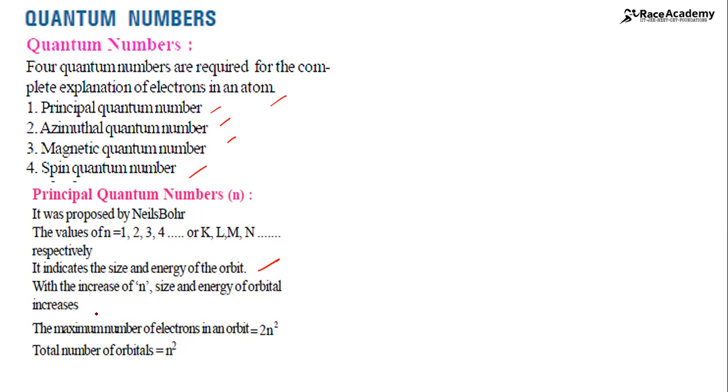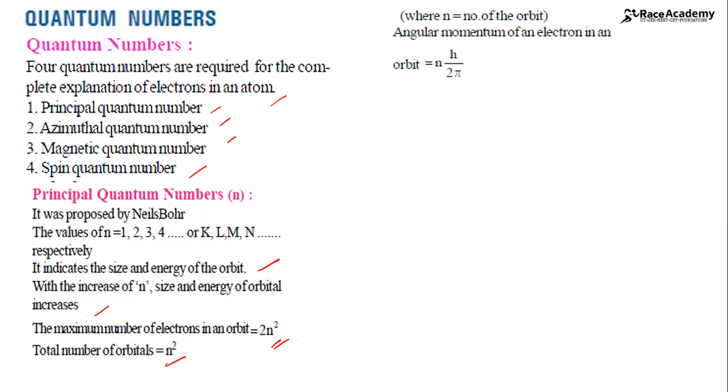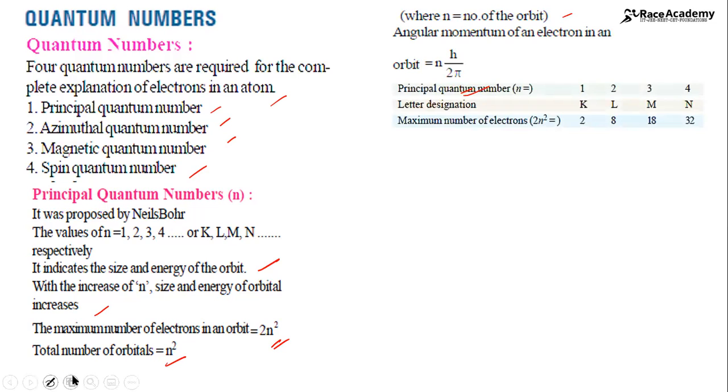With an increase in energy, the size of the orbit increases. The maximum number of electrons in an orbit is 2n square, and the total number of orbitals is n square, where n is the number of the orbit. The angular momentum of the electron is given as nh by 2 pi. For principal quantum numbers 1 to 4, the letter designations are K, L, M, N, and the maximum number of electrons 2n square works out as 2, 8, 18, 32.